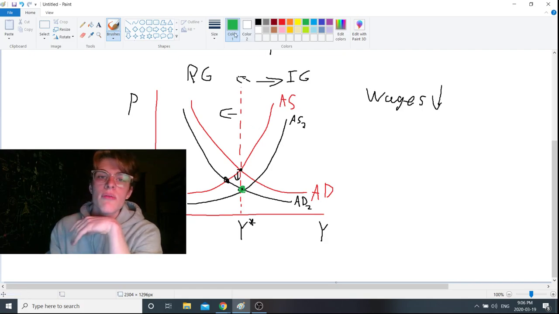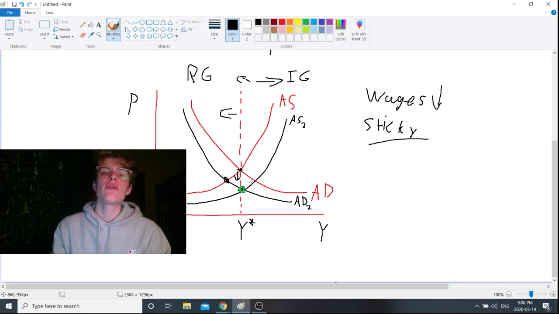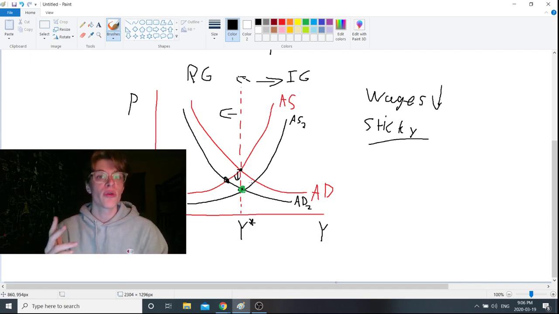Now there's a concept called sticky wages. The principle of sticky wages is that we come out of recessions a lot slower than we do inflationary gaps. And the reason for that is, if we had the opposite, if we had an inflationary gap, there would be an upward pressure on wages.